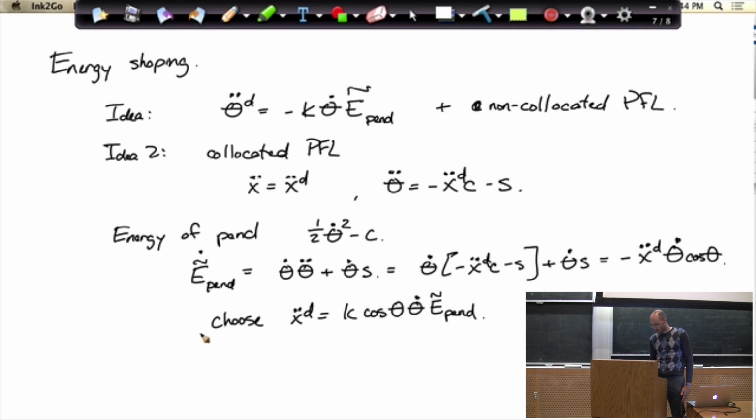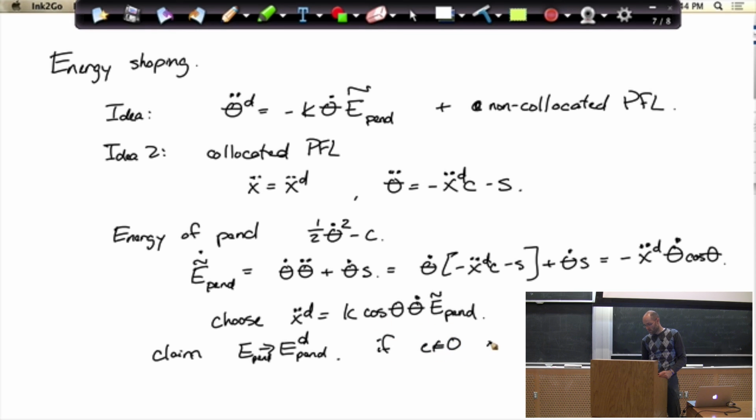And specifically, the claim here is that E is going to go to E desired, just for the pendulum, so long as cosine theta does not equal 0 and theta dot does not equal 0 infinitely often.